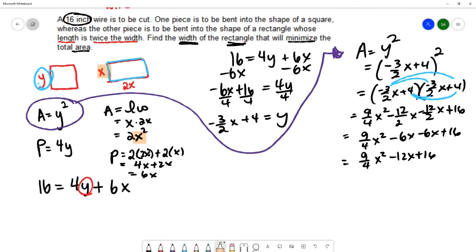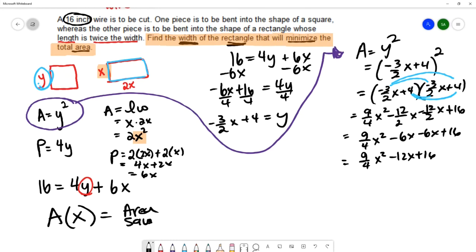I want to find the width of the rectangle that will minimize the total area. So I need something that represents the total area. I've got the area of the square plus the area of the rectangle.